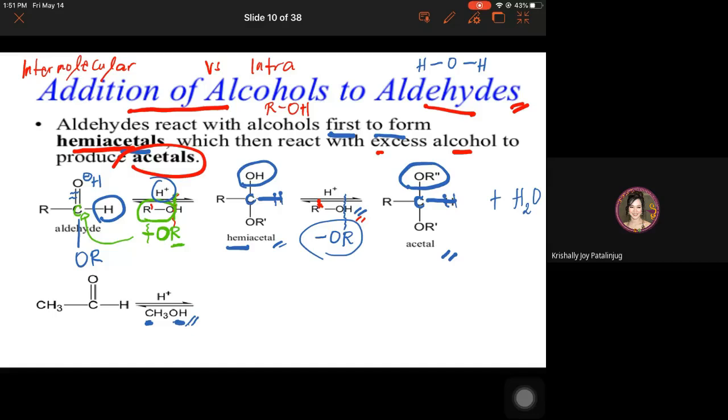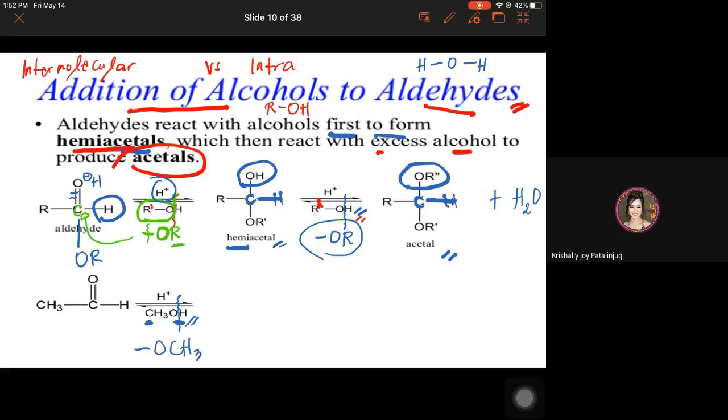This is methanol. Okay? So from methanol, what is the OR group that we form? What is the nucleophile in the form of OR that we produce? It is the methoxy, the OCH3.